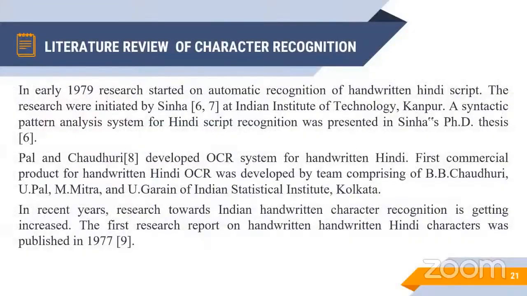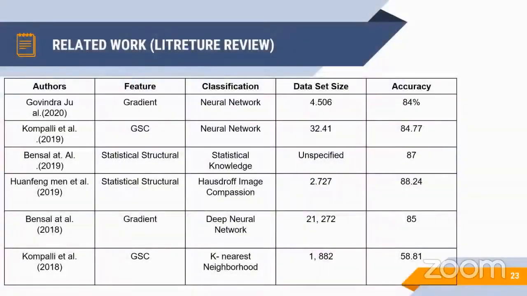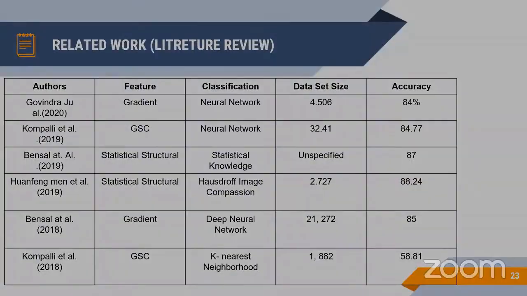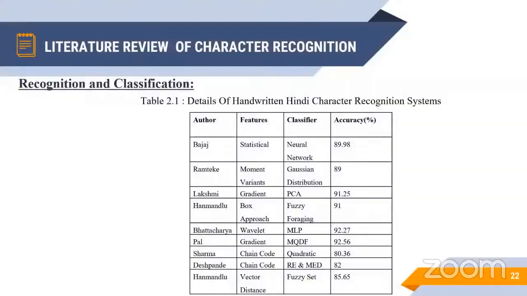So now we come to the topic of related work. What are the authors that have already done this work? The first one is an author, Bajaj, and the feature is statistical. They are using a neural network classifier, and the accuracy is 89.98.